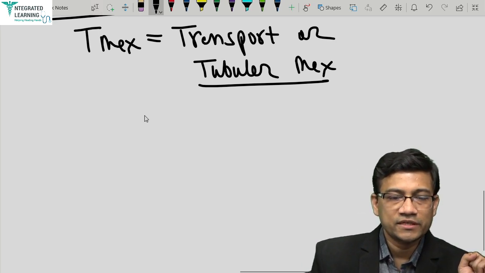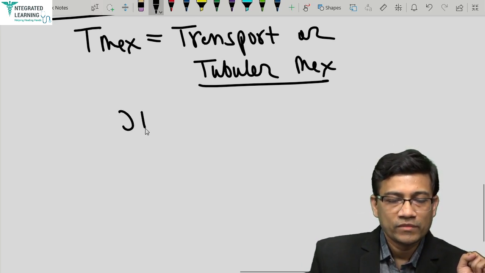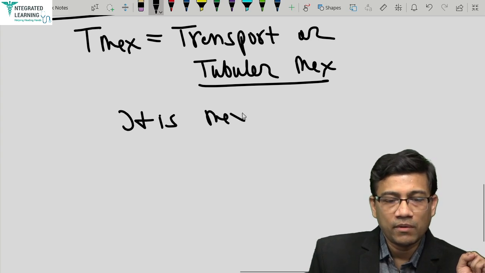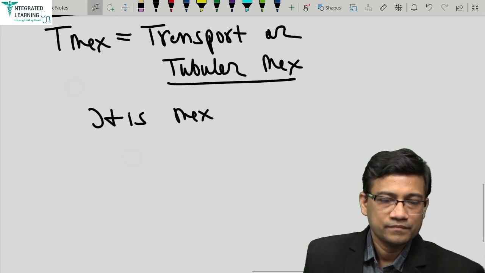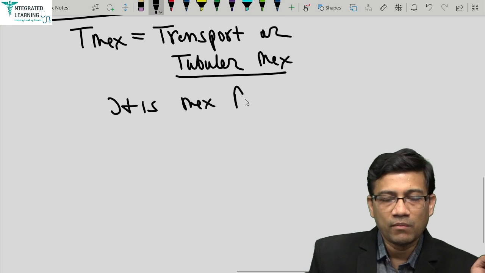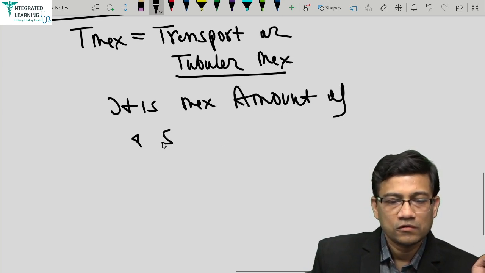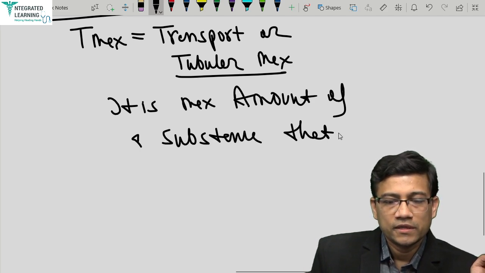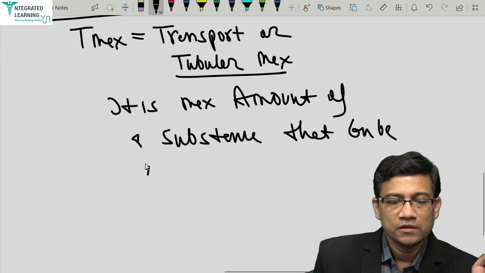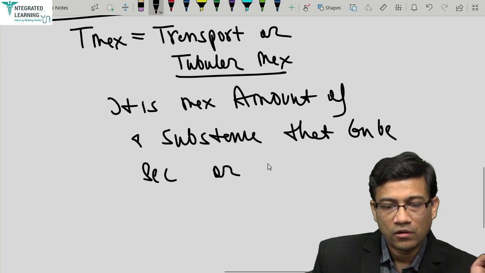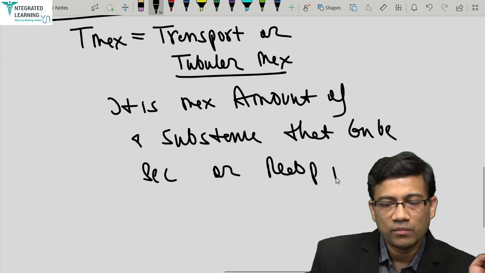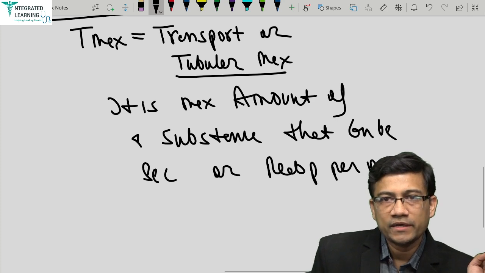First, it is the maximum amount of a substance that can be secreted or reabsorbed per minute in the kidneys.